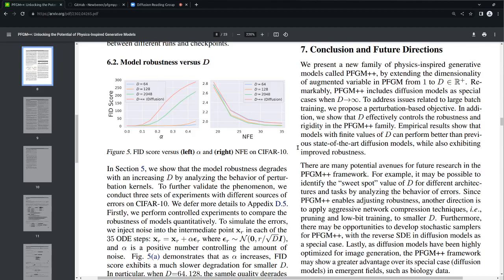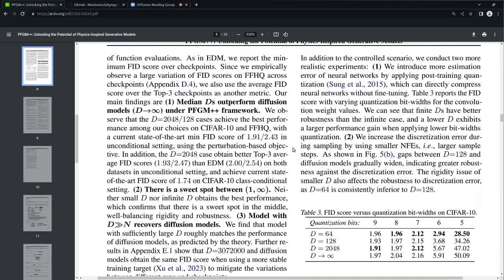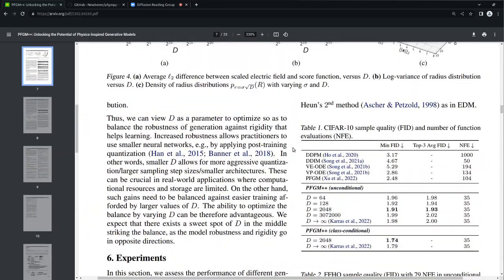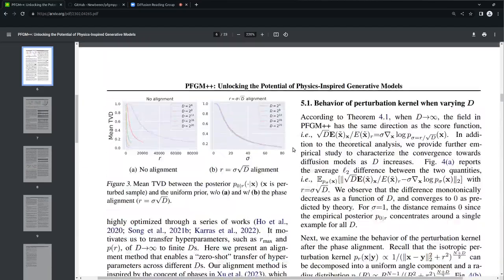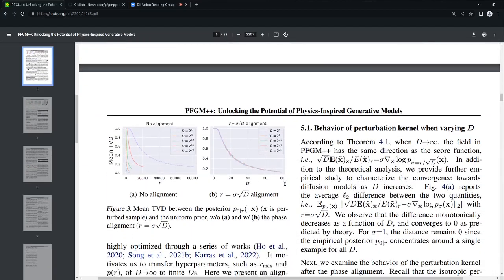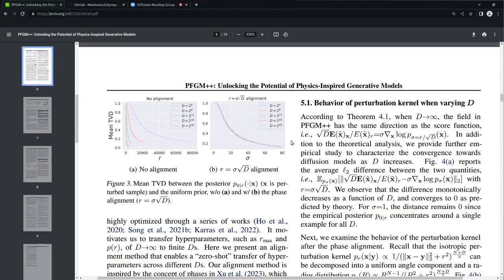Yeah, I was also pretty confused about the phase alignment stuff, to be honest. I don't understand what the point of that is. It's just a reparameterization of the R, I guess.